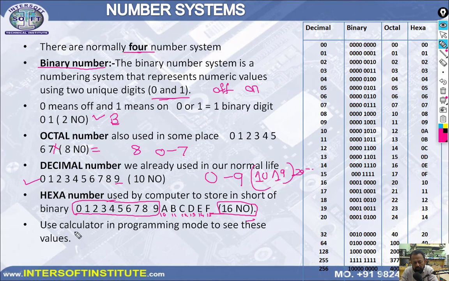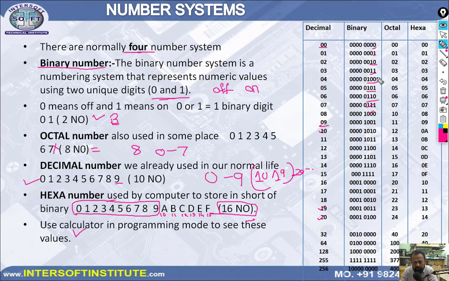We can use the calculator and see the different types of number systems. See, in the decimal number system we go from 00, 01 to 09, and after 09 we go 10 to 19, then 20 to 29, like that. In binary it will be first 0, then 1, then 1 plus 1 is equal to 10, then 11, 100, like that.